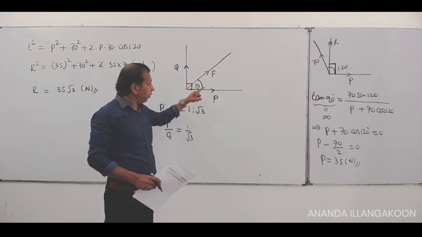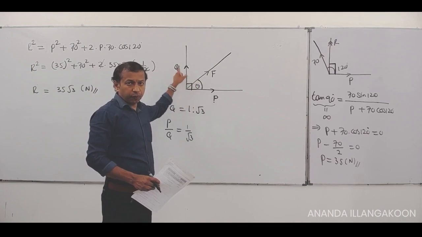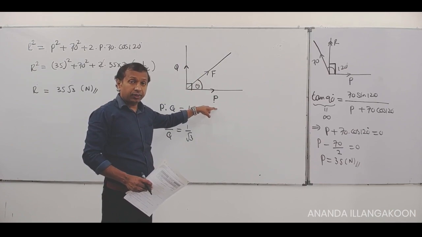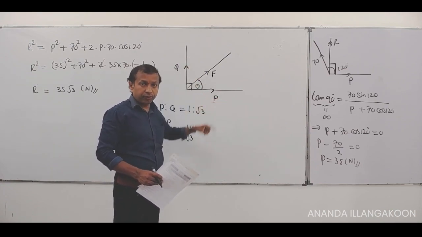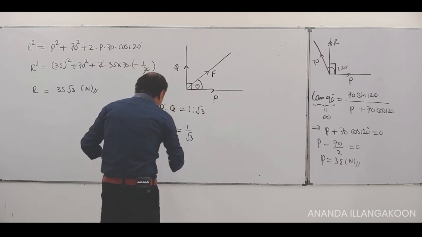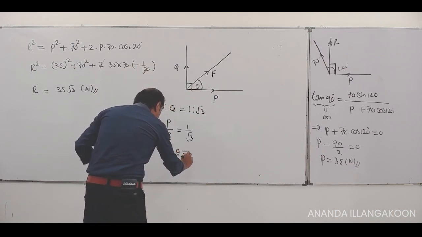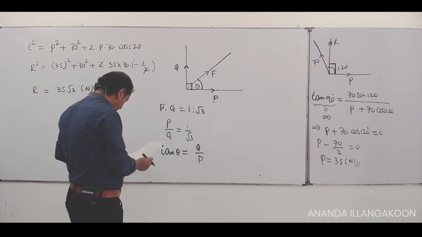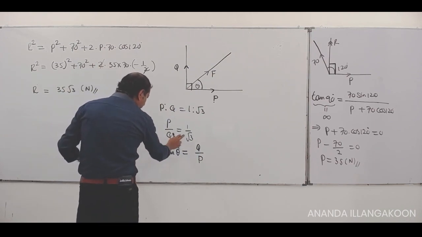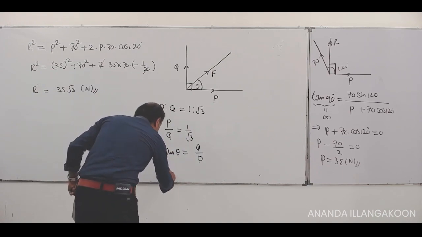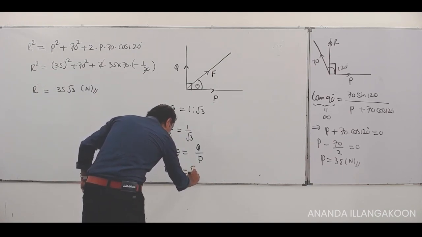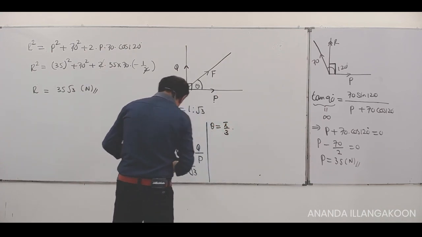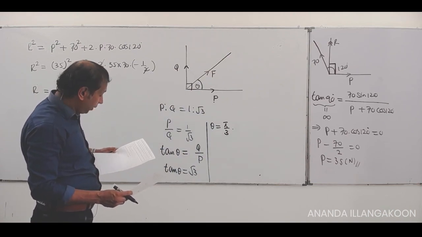Conversely, F is the resultant of P and Q. That resultant of P and Q makes an angle theta with P. Then we know how to write tan theta: Q divided by P. Since P divided by Q is 1 over root 3, Q divided by P is root 3. Tan theta is root 3. Theta is 60, no? Right. Find the angle between F and P, that's correct.